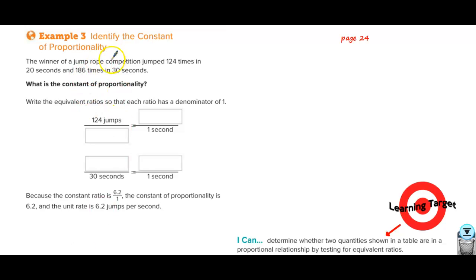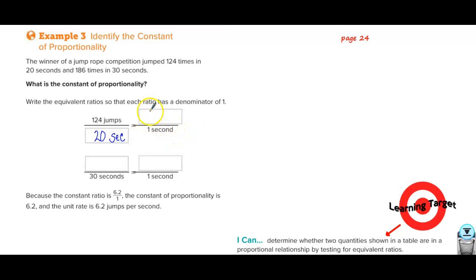Okay, so the winner of a jump rope competition jumped 124 times in 20 seconds and 186 times in 30 seconds. So what you've got to do is find the constant of proportionality. You want to find what it is equal to if the bottom number is 1. What's the unit rate? The unit rate is your constant of proportionality. So here we did 124 jumps in 20 seconds, and we want to know how many jumps that is in 1 second.